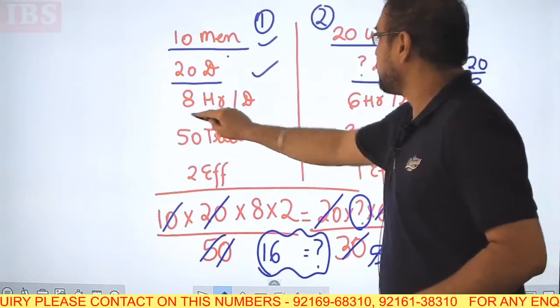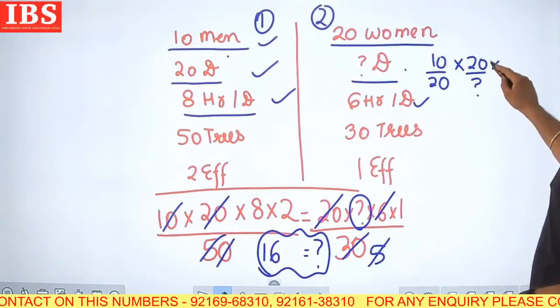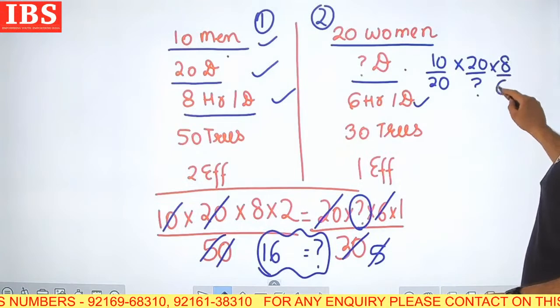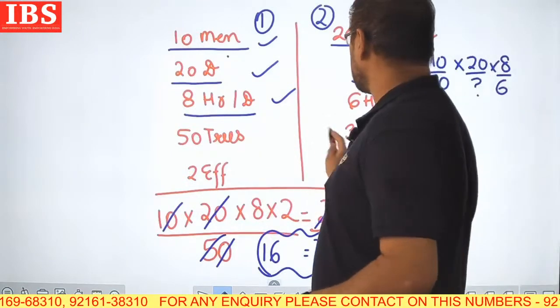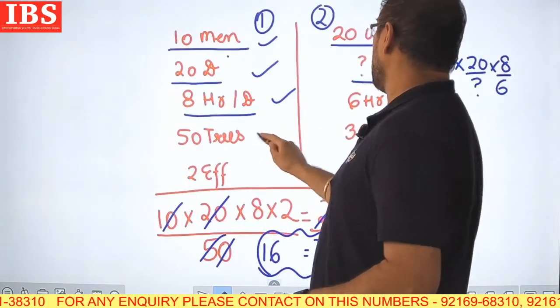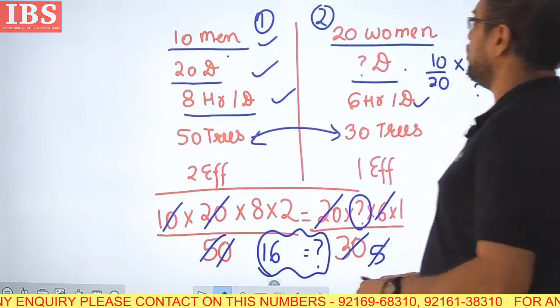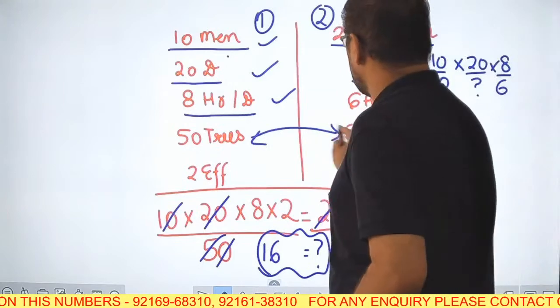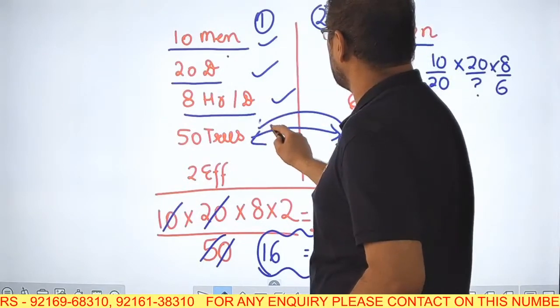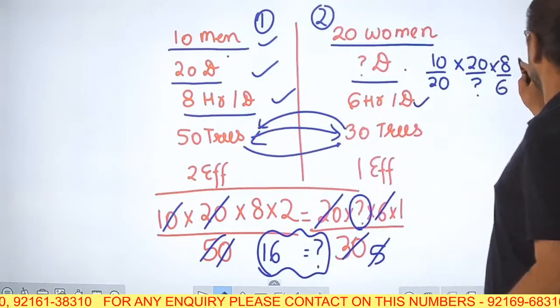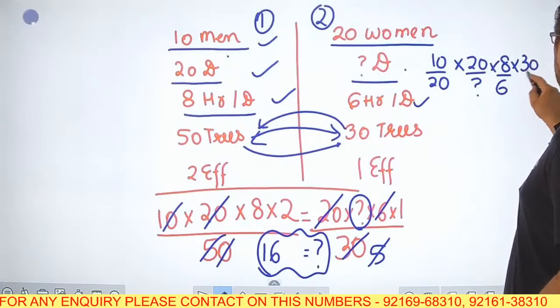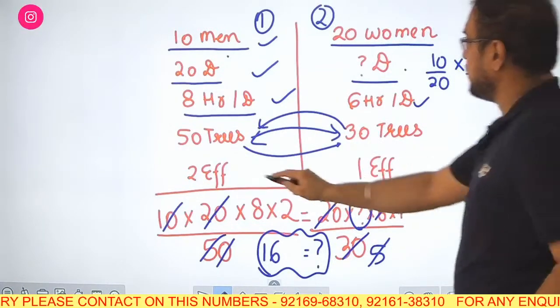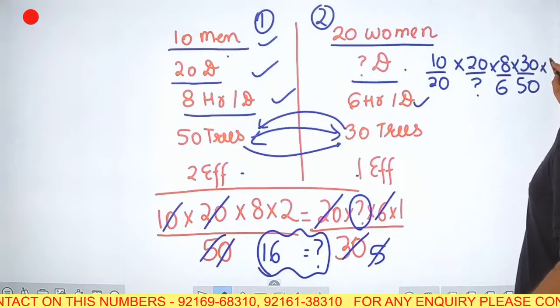The third parameter is 8 by 6, upper 8, lower 6. Since W is in the denominator, we interchange them: 30 trees goes on top and 50 goes below. Then 2 upon 1, which is the ratio of efficiency.